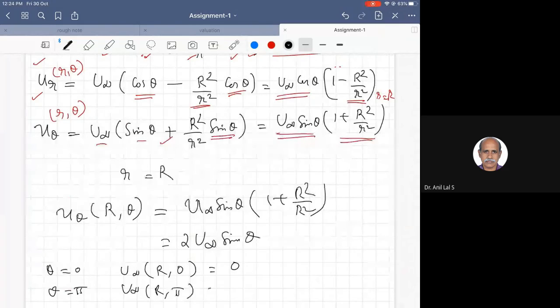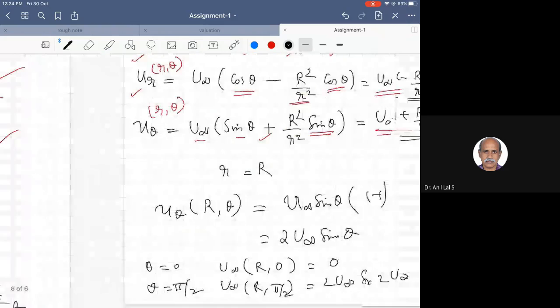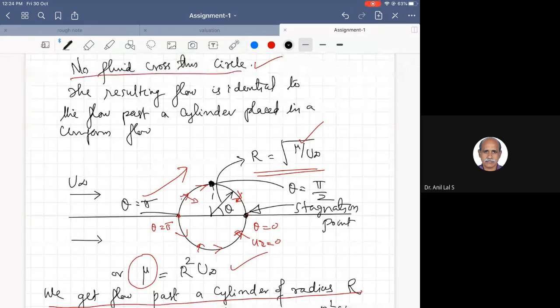What will happen? 2 into u infinity into sine pi by 2. Sine pi by 2 is 1, so you'll have twice the free stream velocity at theta equal to pi by 2. That means at this crest point, the tangential velocity is 2 u infinity.